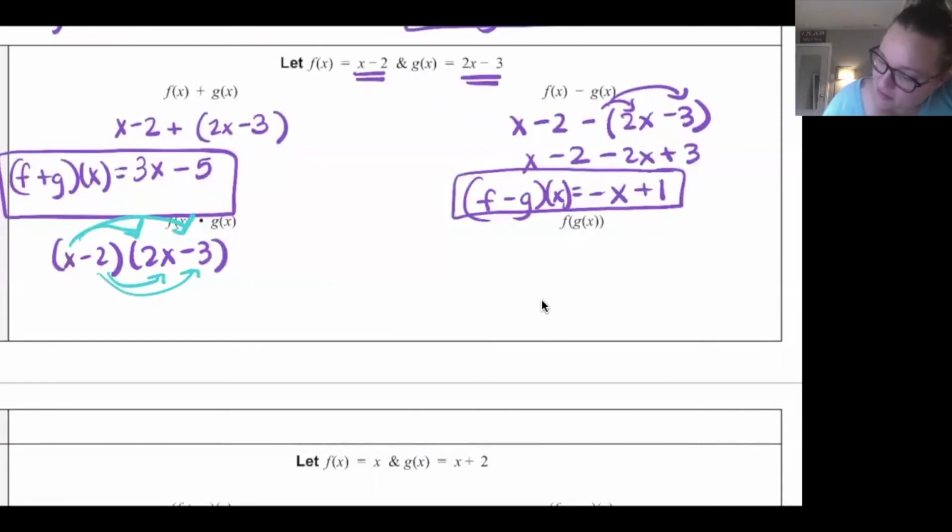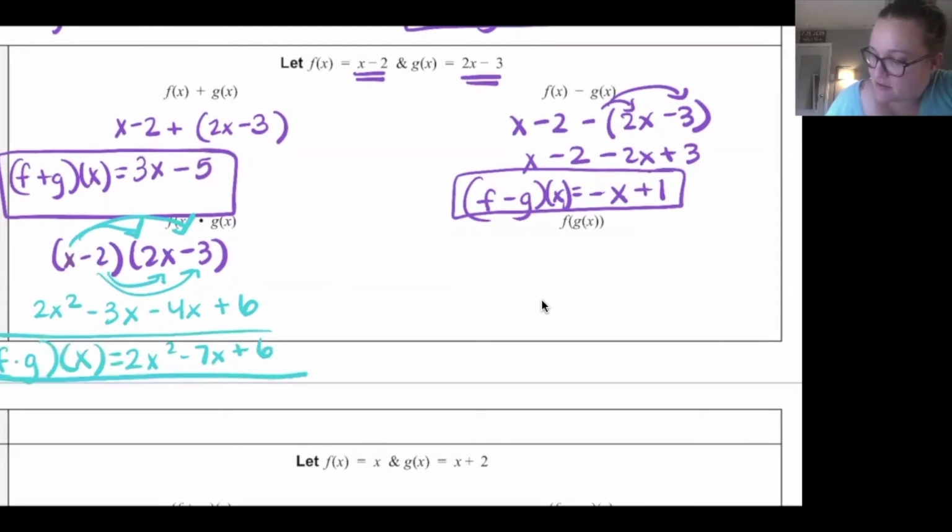So x times 2x is 2x squared. X times negative 3 is negative 3x. Negative 2 times 2x is negative 4x. And negative 2 times negative 3 is 6. Combine your like terms, 2x squared minus 7x plus 6. So that means that f times g of x is equal to 2x squared minus 7x plus 6.